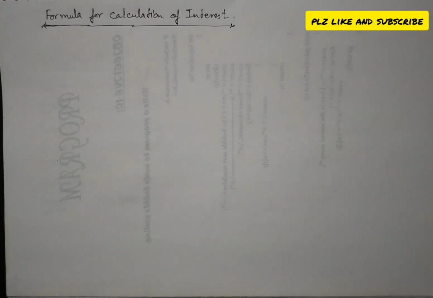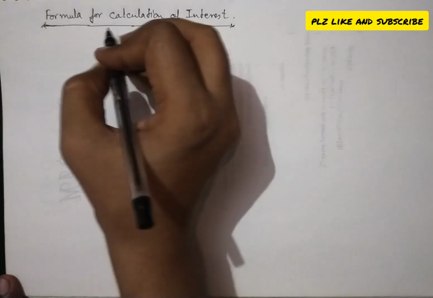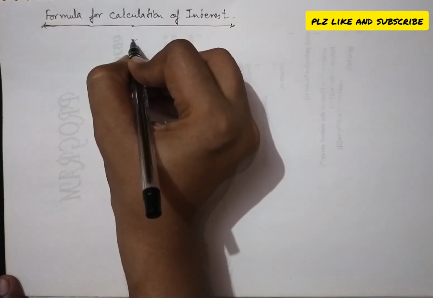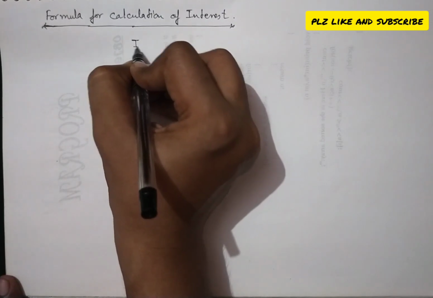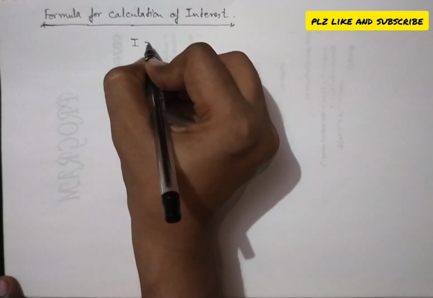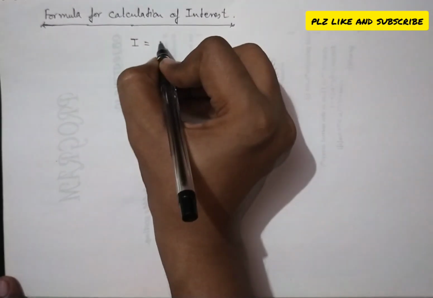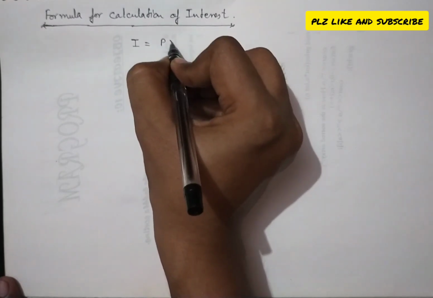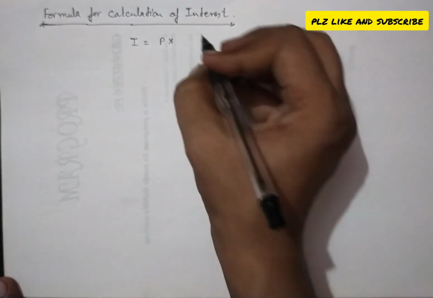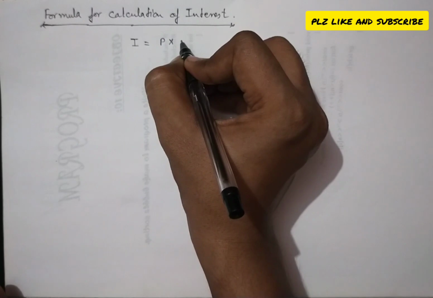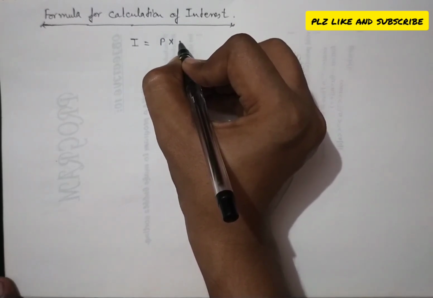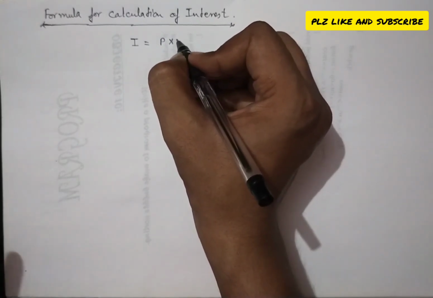Now here we get the formula for calculation of interest. We will be having the base formula only, but in a different way over here. We have the formula for interest as I equals P, that is principal, into time. Time is taken as 1 for the first, 2 for the second and so on.